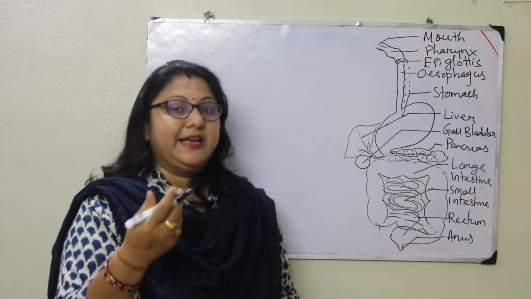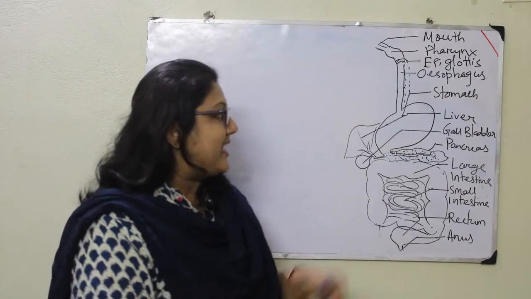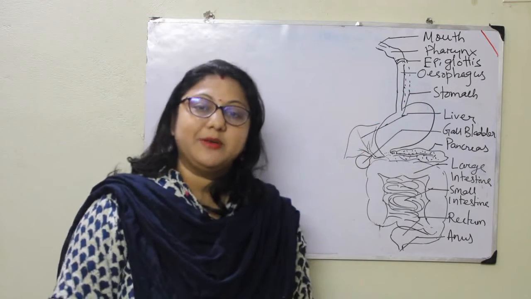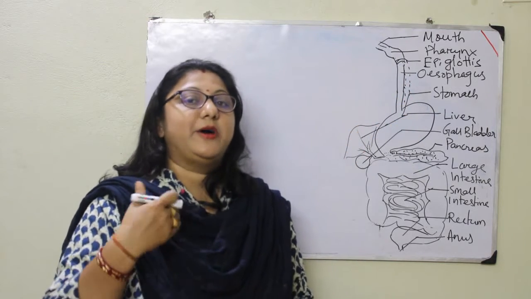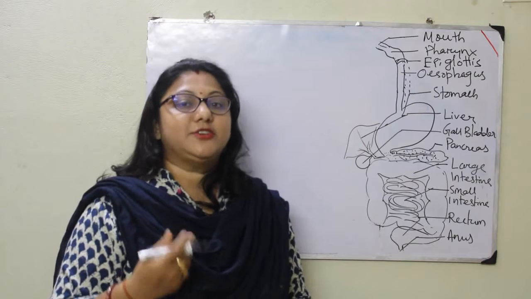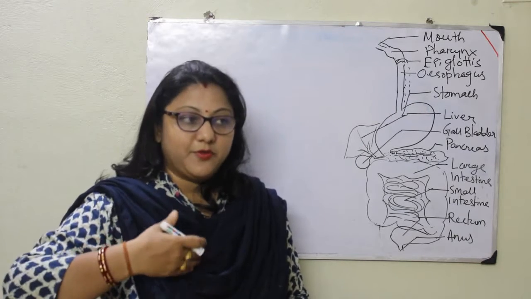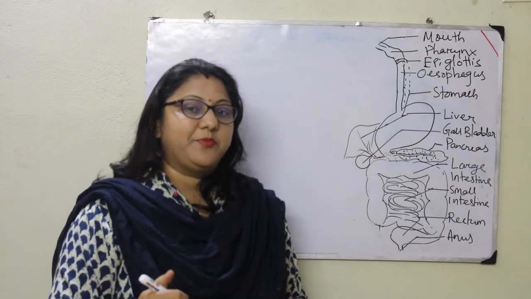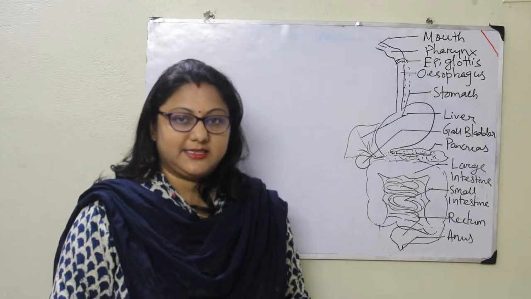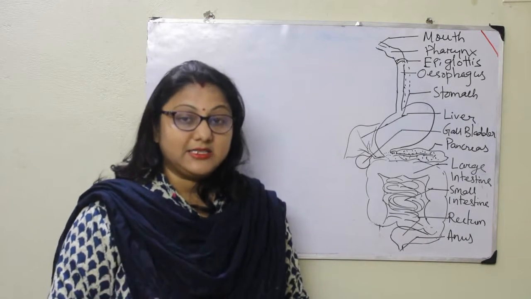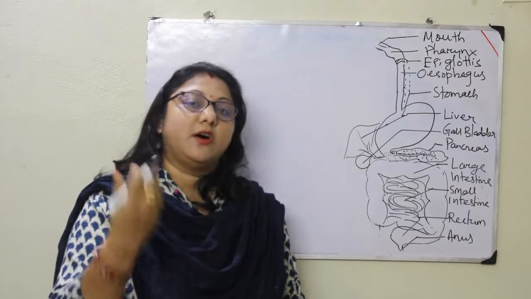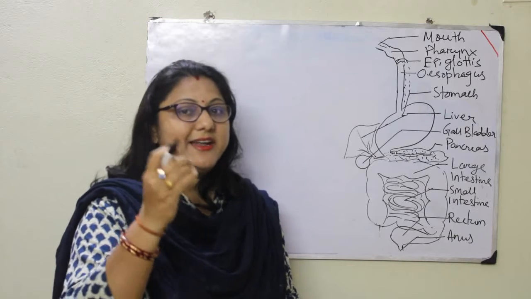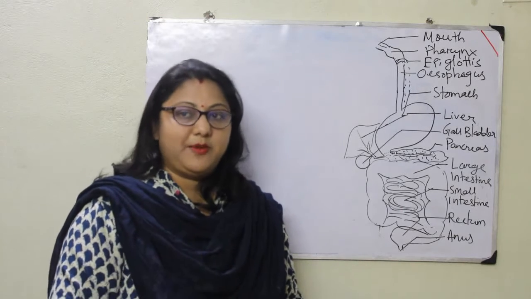The food, instead of going into the esophagus, will run into the windpipe. We all must have experienced it, like while eating hurriedly or drinking hurriedly, the food or water droplets would have entered into our windpipe and we become restless, right? Unless and until the particle comes out of our windpipe. It is because of the slight misfunctioning of the epiglottis.